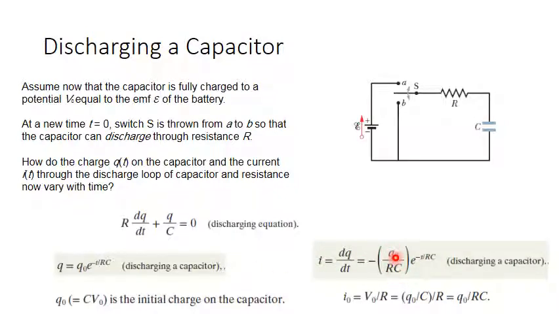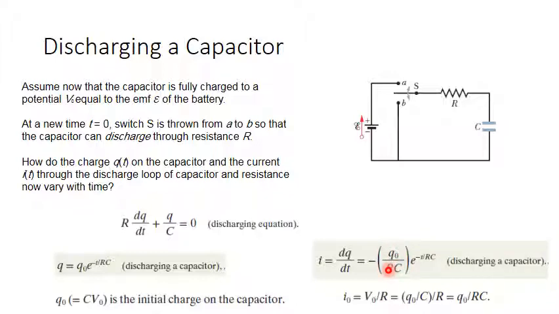And Q naught originally is C multiplied by V naught, the initial potential on the capacitor. So C multiplied by V naught over RC, and we can see that it is V naught over R. By replacing Q naught with C multiplied by V naught, C by C would be V naught over R.